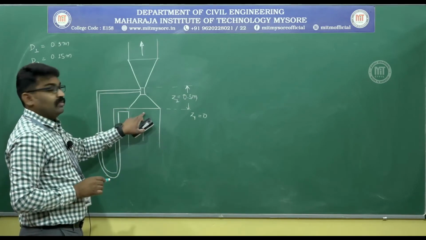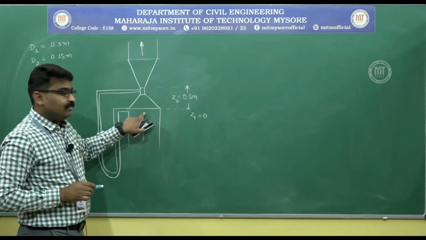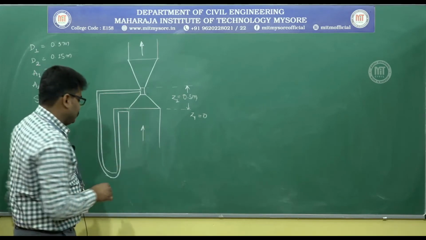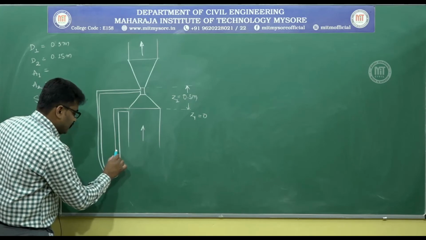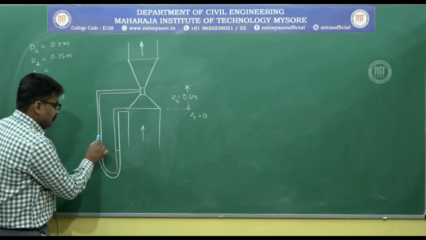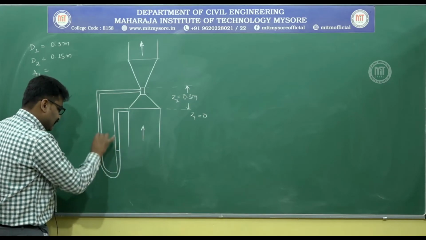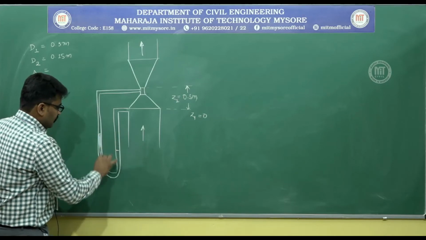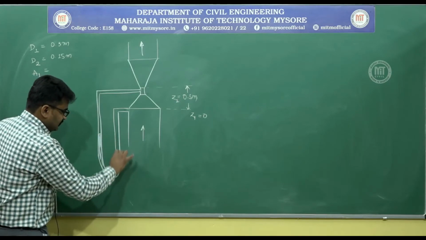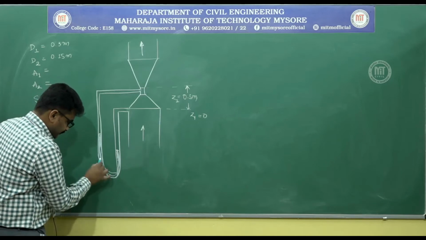The pressure will be more here because the area is more. How will be the manometric deflection? Obviously, the level of mercury will be lower in this limb and will be higher in this limb. And he says the manometric deflection is 250 millimeter.